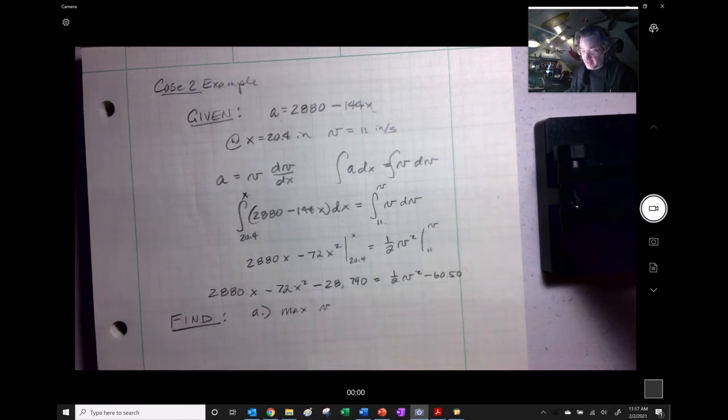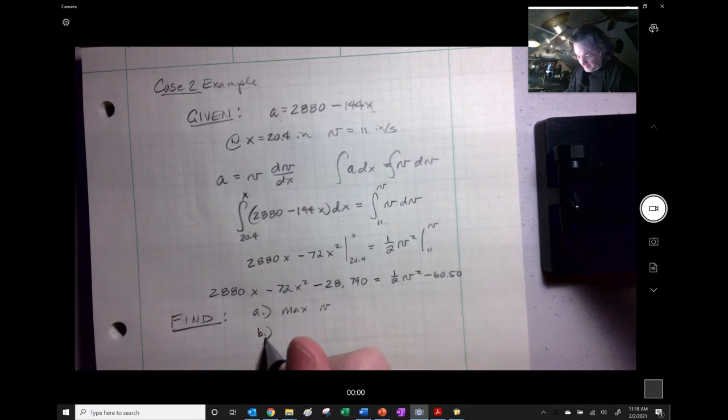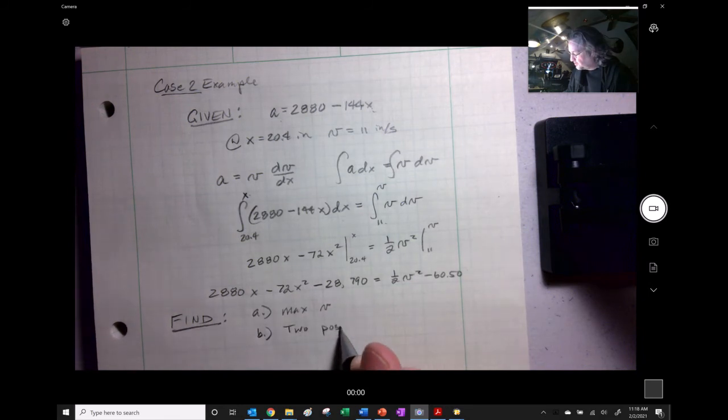And then for part B, we want the two positions, so I'll write down 2 positions when v is equal to 0.